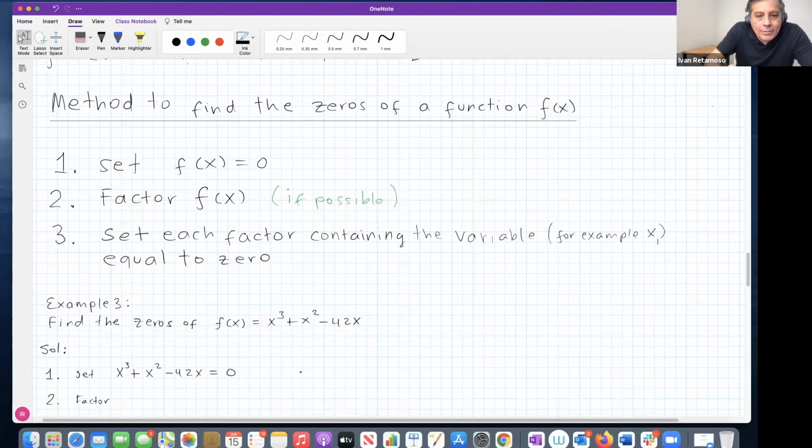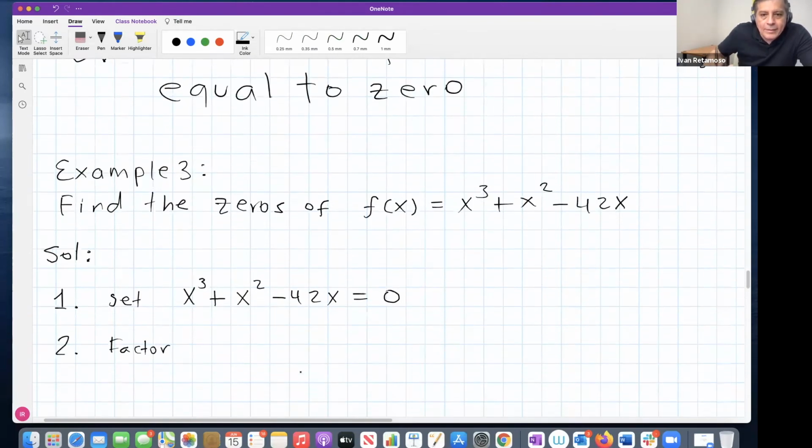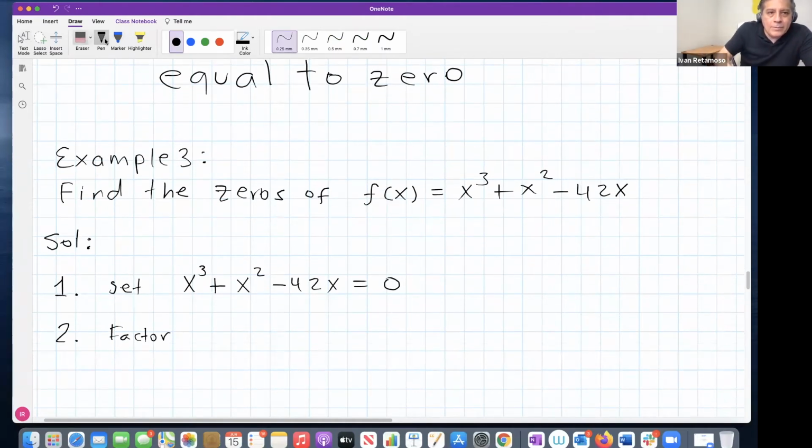Let's see an example here. Nice and slowly, we're going to do this example. You will have to recall some stuff that you learned before in previous courses. It says here, find the zeros of this polynomial function, x cubed plus x squared minus 42 times x. How do we find the zeros?